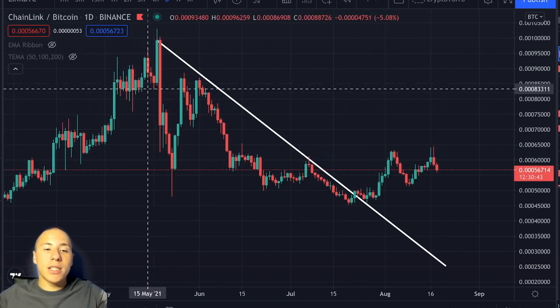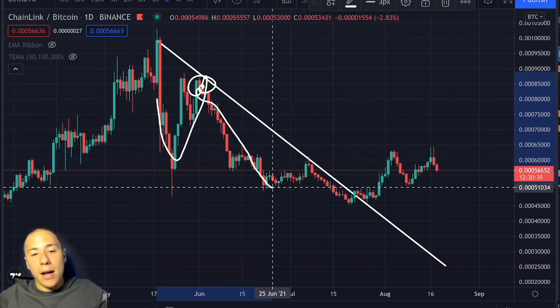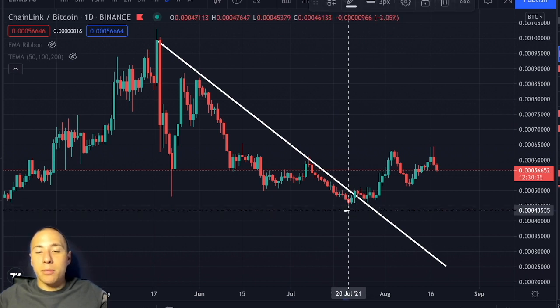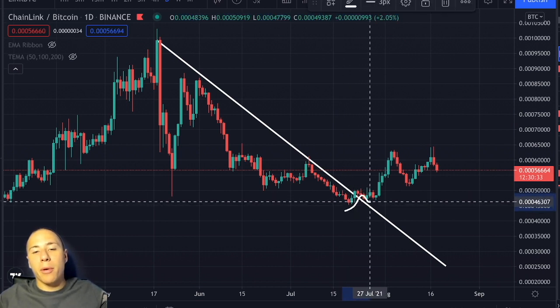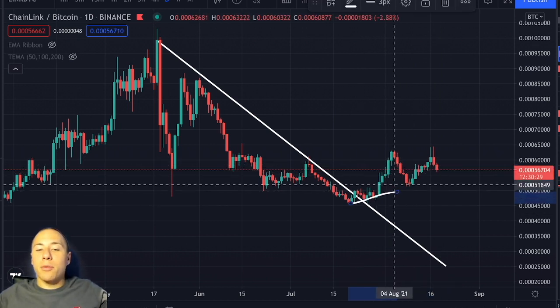Also, it got rejected by this downward sloping resistance at this point in time over here and over here several times before it was able to see this breakout above it, finding support on top of it and creating this higher low structure that we were seeing.